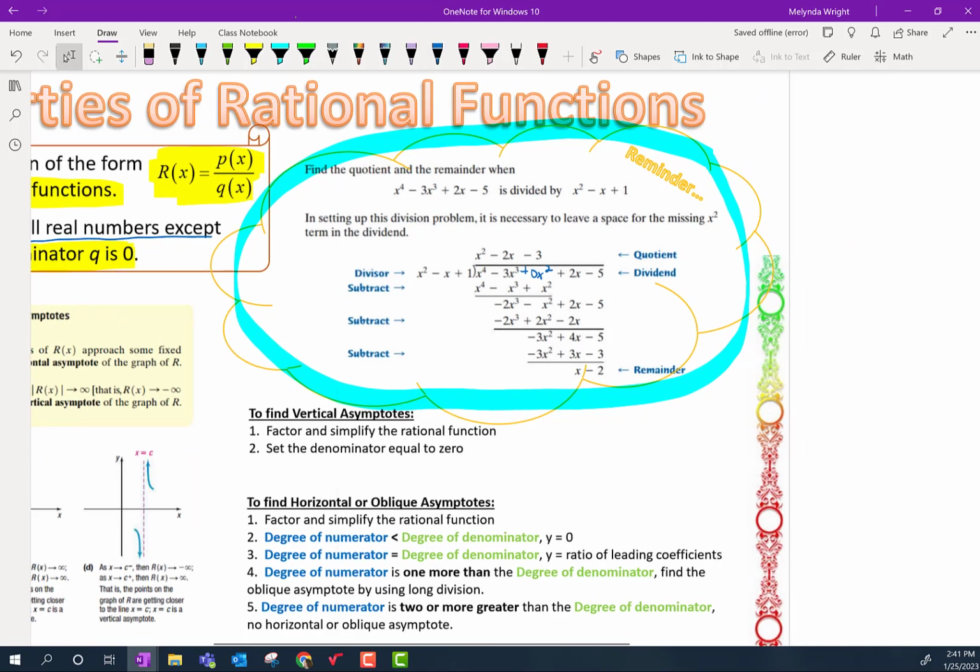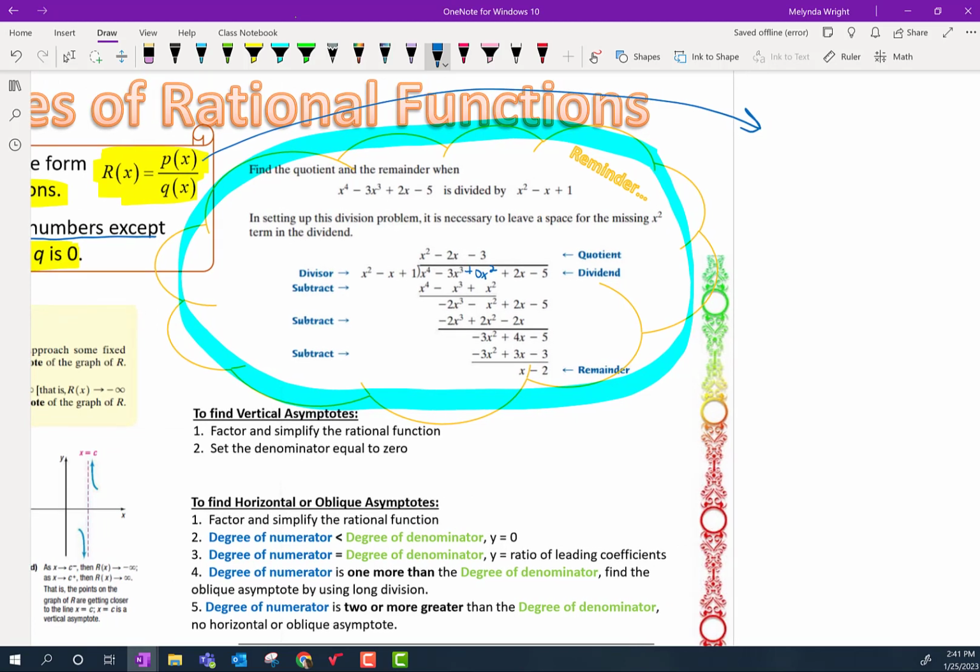When we're looking at the fraction, if you're going to divide this, if you would recall, we would put the numerator inside the division box and the denominator on the outside. This would be called the dividend.